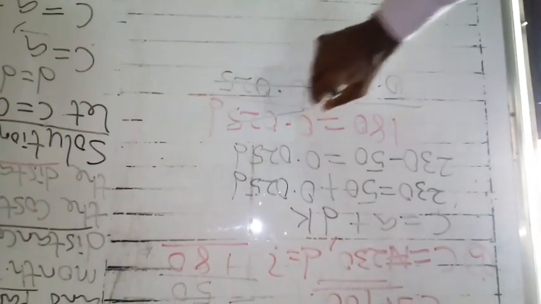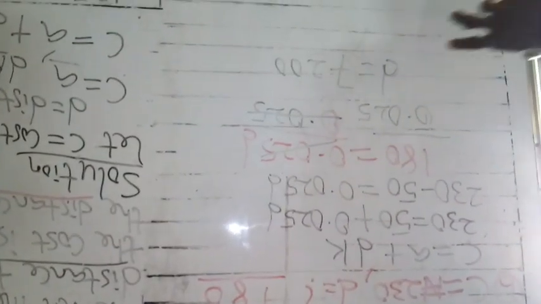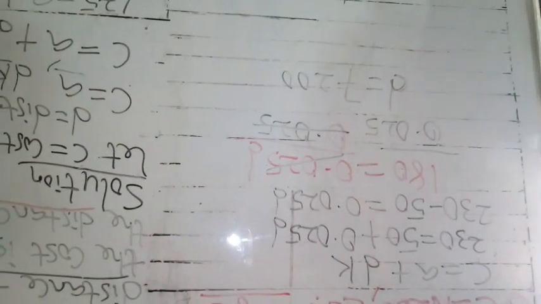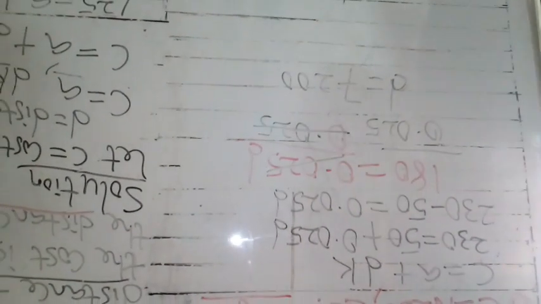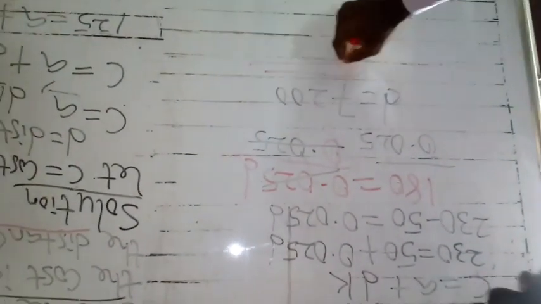This we cancel, so therefore our D is, when you divide 180 with 0.025, we are going to get 7,200. This is our final answer.